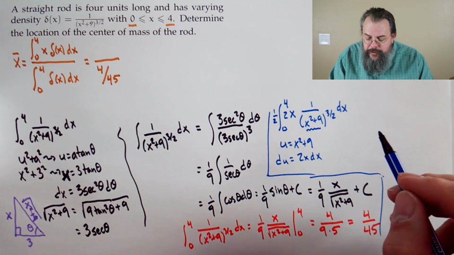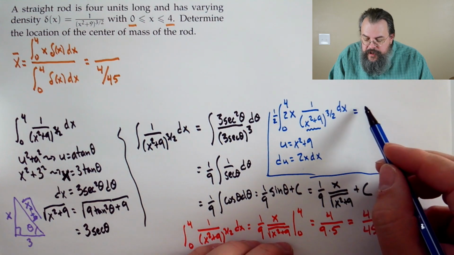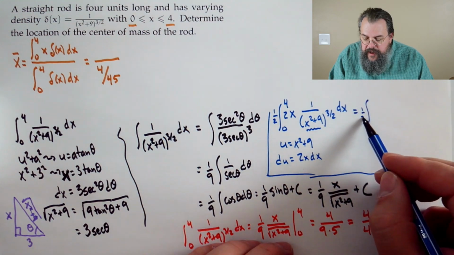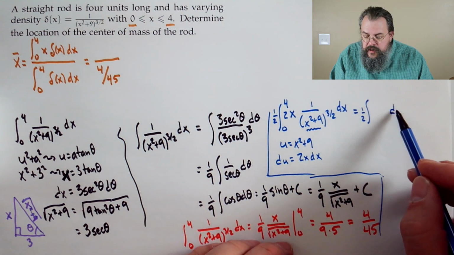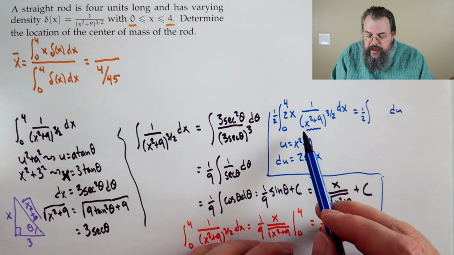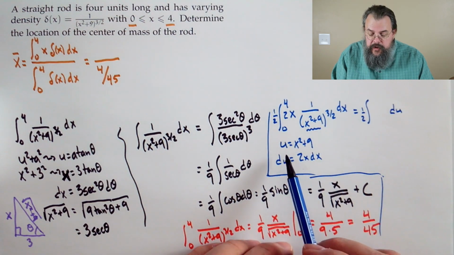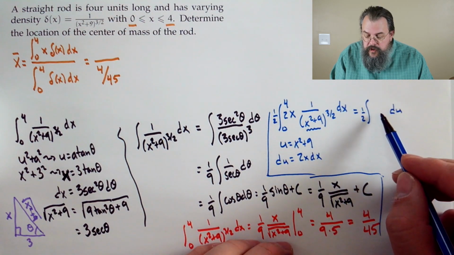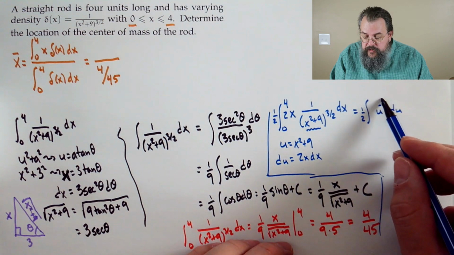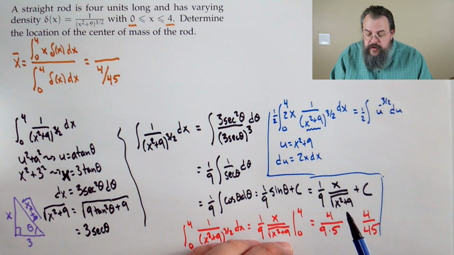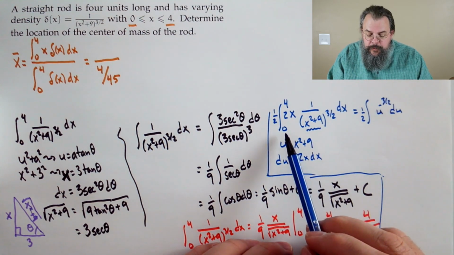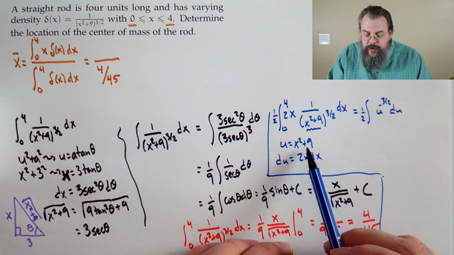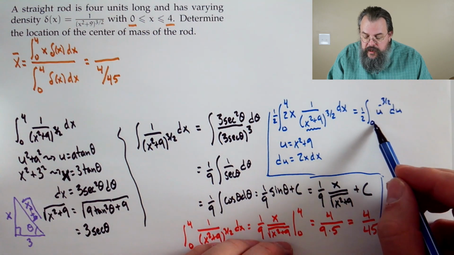It's perfect. Why? Well, this becomes the integral, I still have the half, 2x dx is du, 1 over x squared plus 9 to the 3/2. Well, that's 1 over u to the 3/2, which we'd write as u to the minus 3/2. Now, don't forget the bounds. Plug in 0: 0 squared plus 9 is 9.